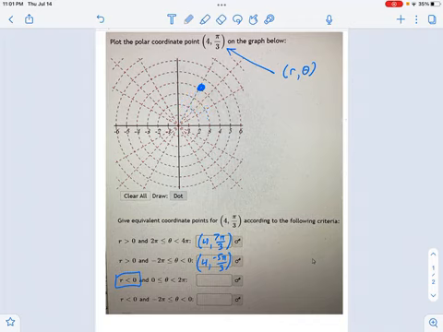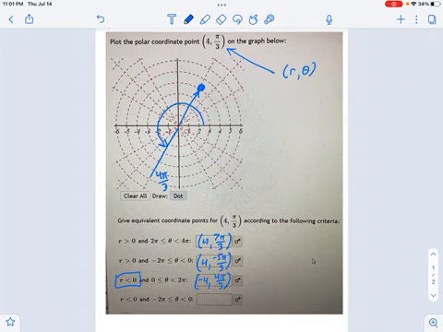Imagine for a moment that we are rotating around until we get to here. Okay, what angle is that? You should recognize that. It's 4 pi over 3. And now, instead of going positive in that direction, I'm not going to do that. I'm going to go negative in this direction. Okay, so that's negative 4, and the angle is 4 pi over 3.